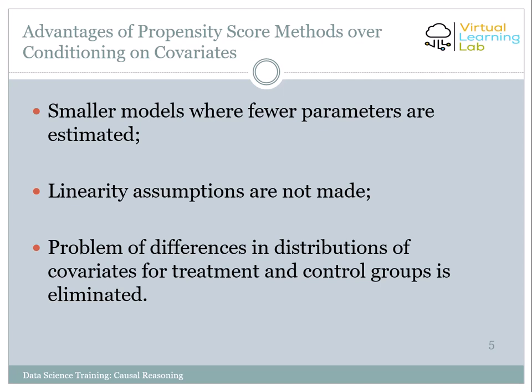You will not need to include the covariates in the outcome model. Therefore, you don't need to make any linearity assumption between the covariates and the outcome. You don't need to model the functional form of the relationship between covariates and outcome at all.